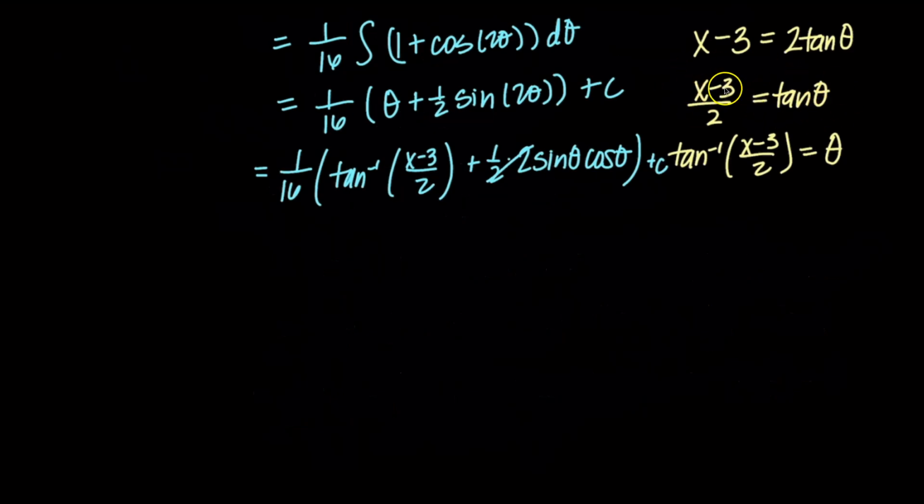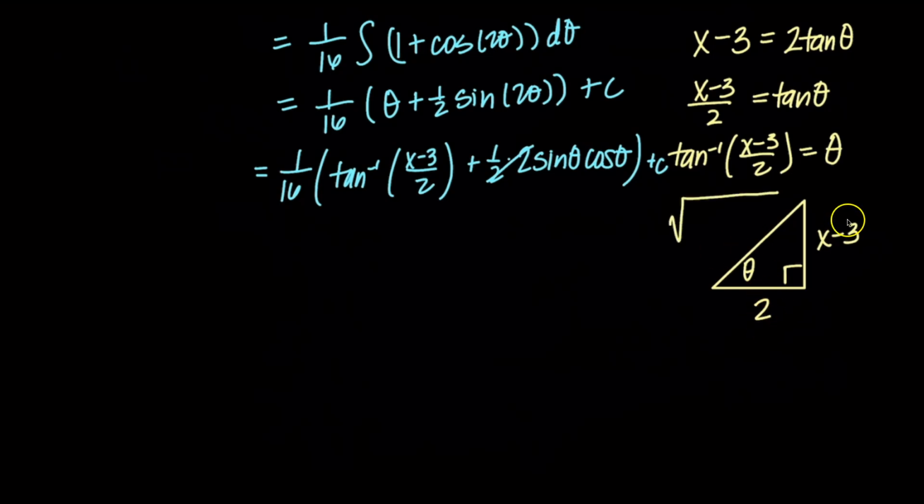Using this fact right here, x minus 3 over 2 is equal to tangent theta, we'll construct a right triangle with angle theta, and we know tangent is opposite, so x minus 3 over adjacent 2. And then we need to find the hypotenuse because sine of theta is going to be opposite over hypotenuse and cosine of theta will be adjacent over hypotenuse. So we really want this hypotenuse here. So the hypotenuse is going to end up being the square root of the two side lengths squared and added together.